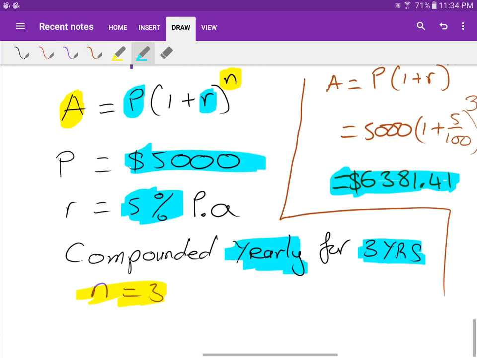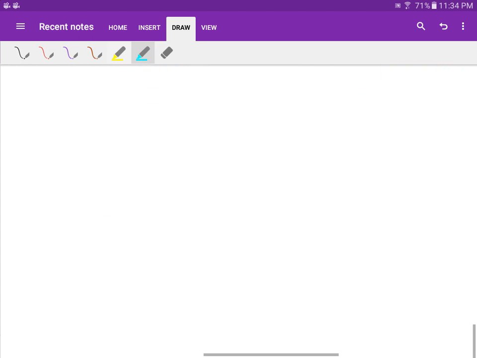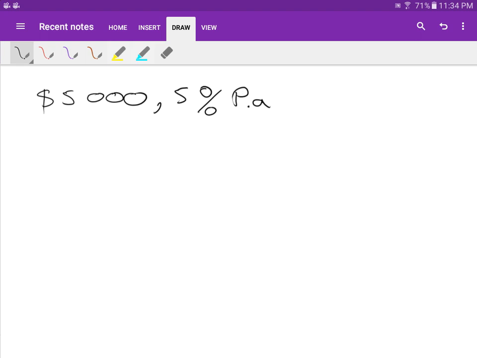Let's move on to the second one. This time you put the same amount, $5,000, in the bank. The bank pays you 5% per year, I just write this first, I quickly summarize: 5% per year, per annum means per year.